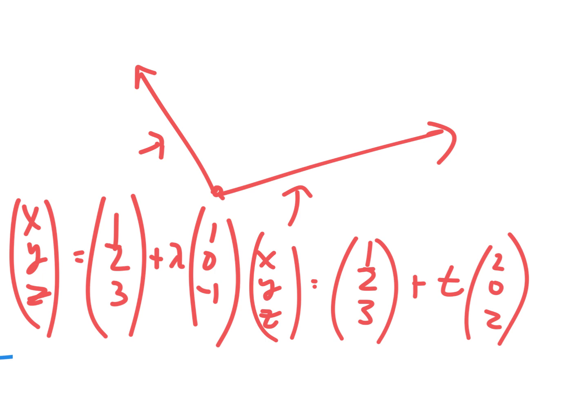I want to know the angle between those two vectors, and you have to know a formula for it. We're not going to give it to you on the test. Hopefully you've memorized it, and it has cosine in it, and it involves dot products.